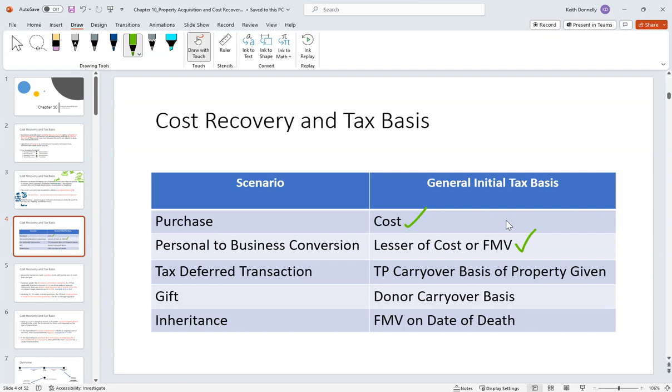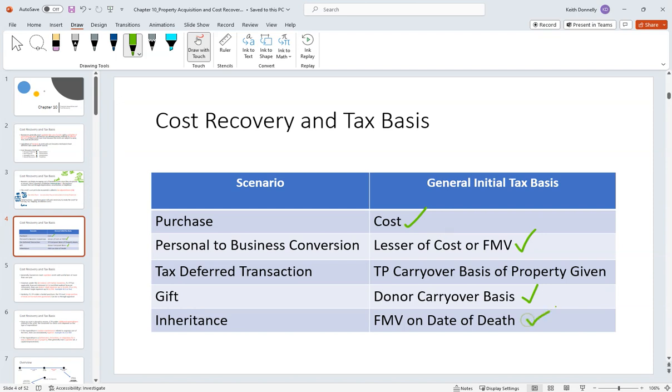If it's from a tax-deferred transaction, things like a like-kind exchange, generally there'll be a carryover basis. If it's a gift, generally it's going to be a carryover basis. So say grandpa bought a watch for $100 and gives it to you as a gift. Well, your basis in it is now his basis, $100.